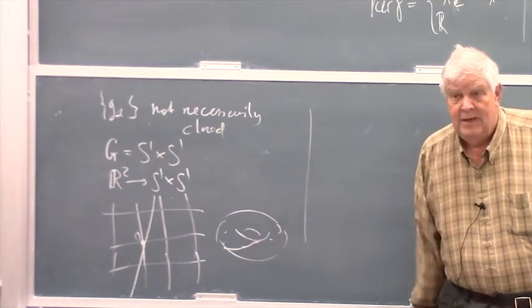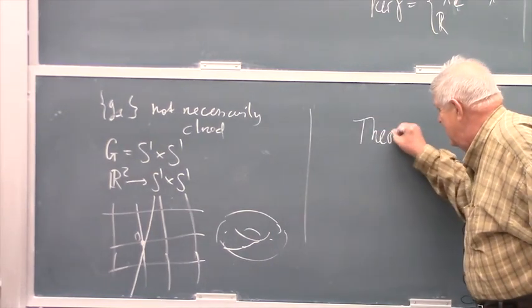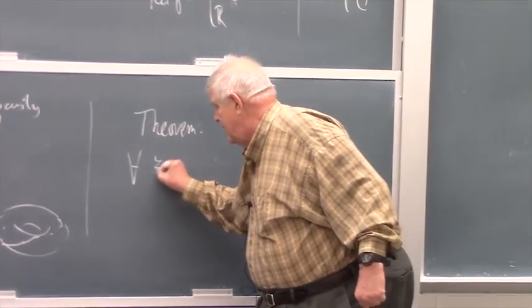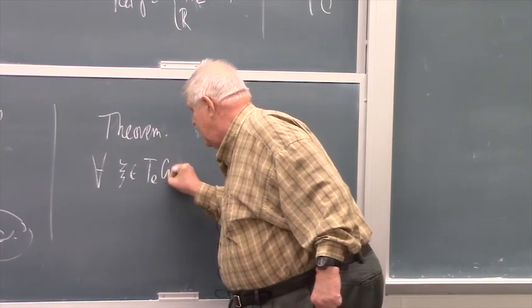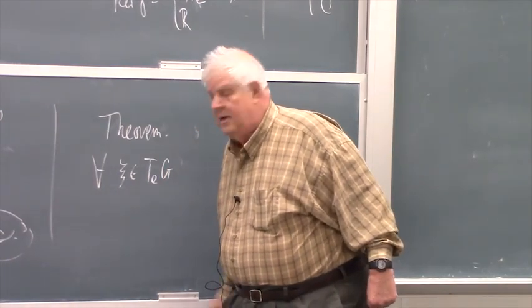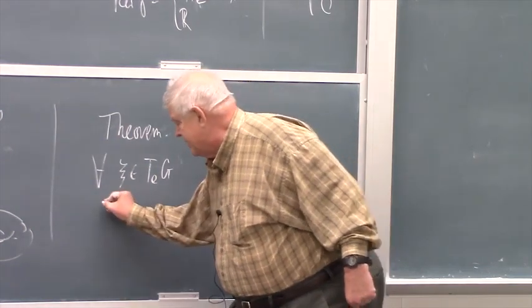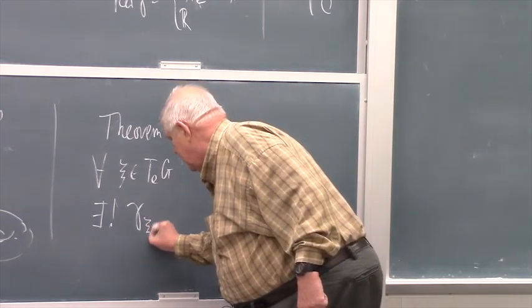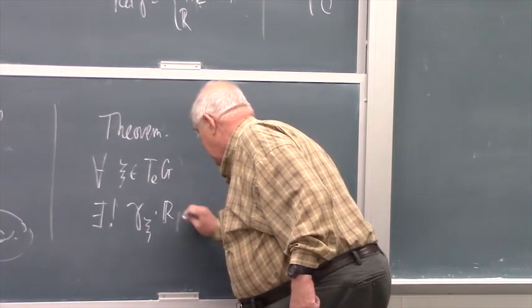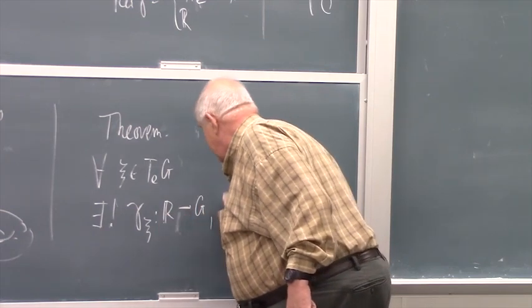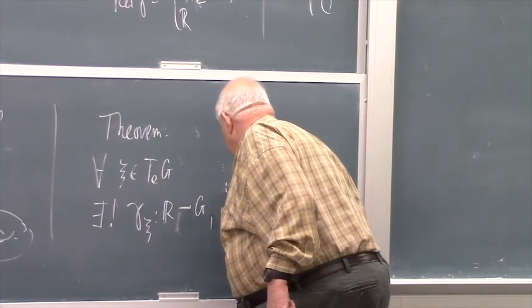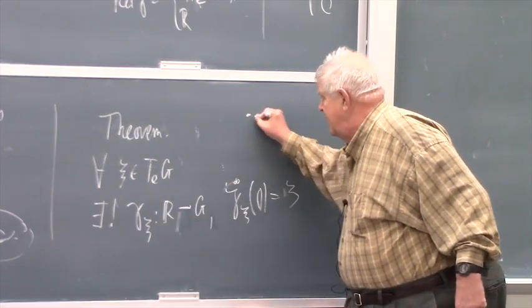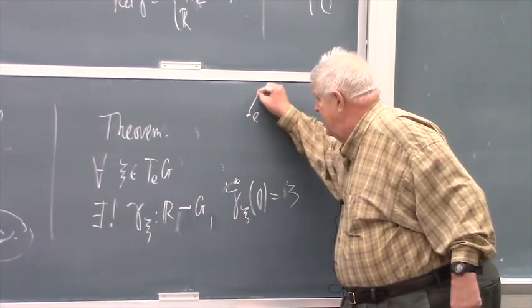So it's okay. Now the theorem. You will like it. For every xi, a tangent vector in g, there exists a unique one-parameter subgroup such that the velocity vector of gamma at 0 is xi. You understand, this is the tangent element, this is the tangent vector.